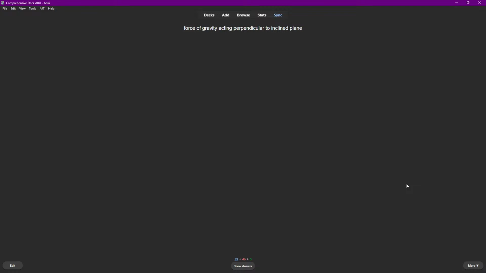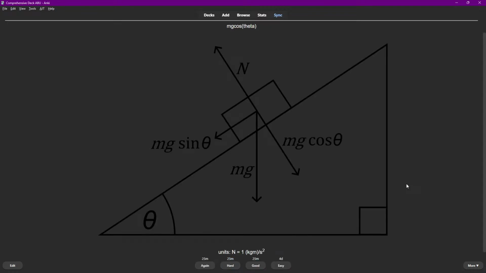Would this just be perpendicular? Is it sine? Mass times gravity times cosine. That's perpendicular.